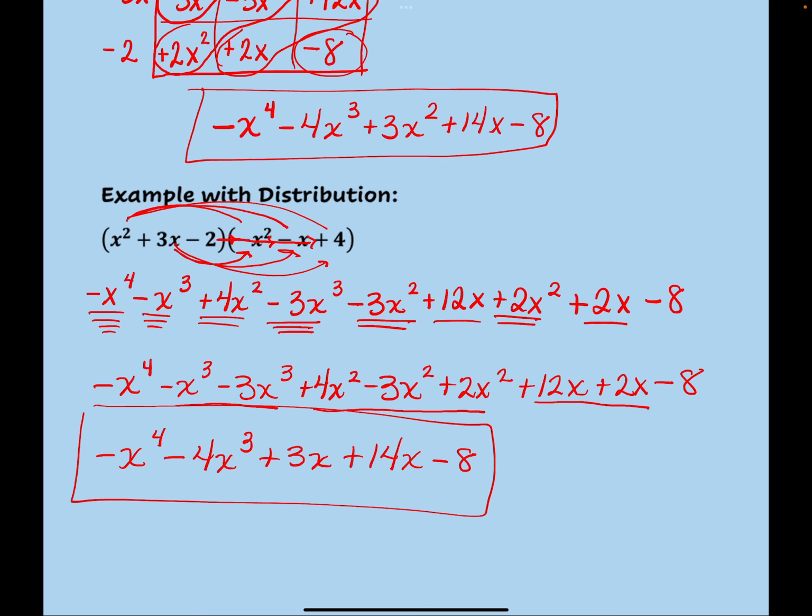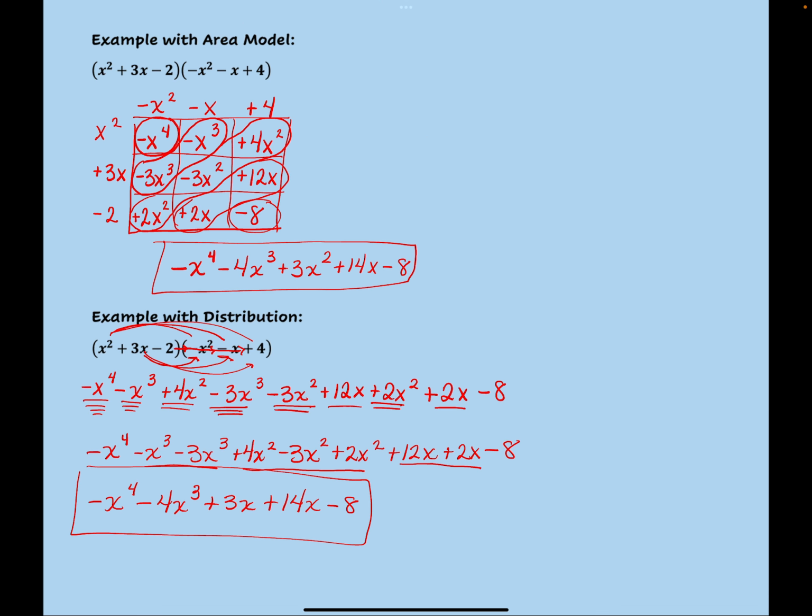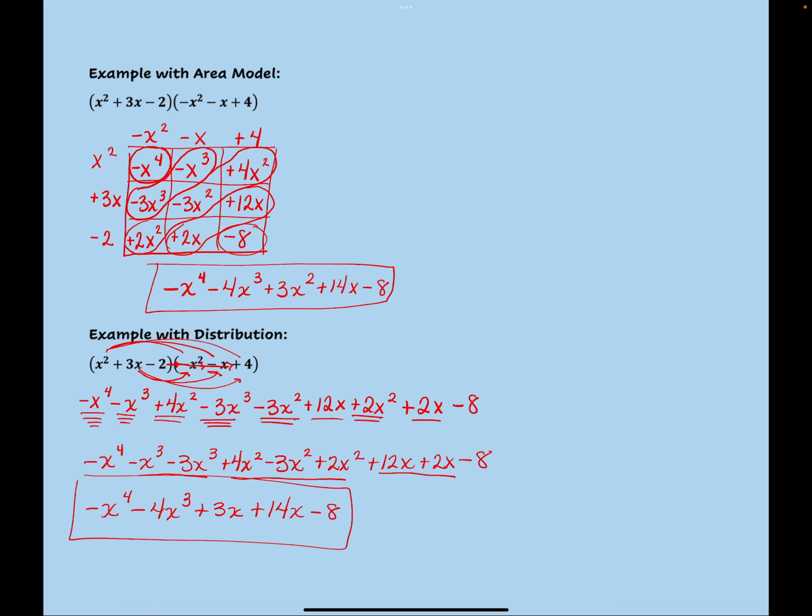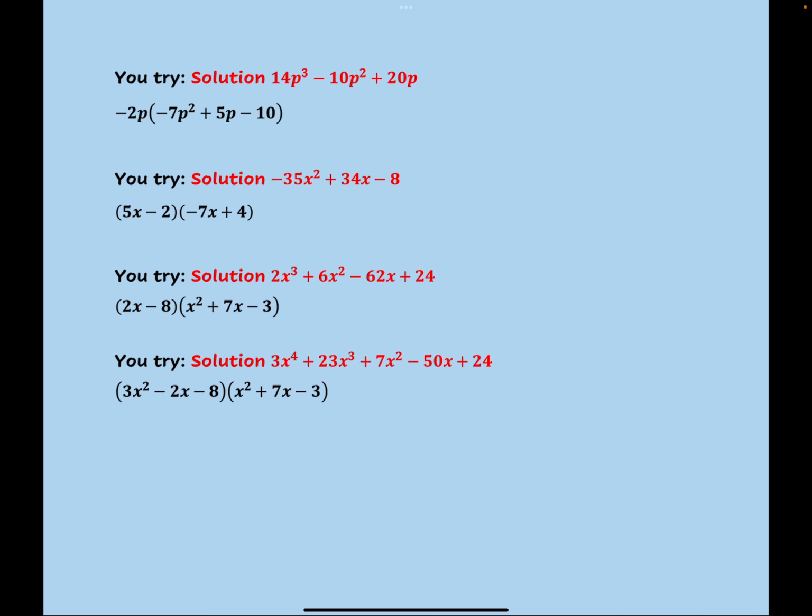Okay, so comparing our solutions, our simplified expressions, they are the same. Again, it's just which one makes sense in your head, and that's the one I want you to practice with, okay?